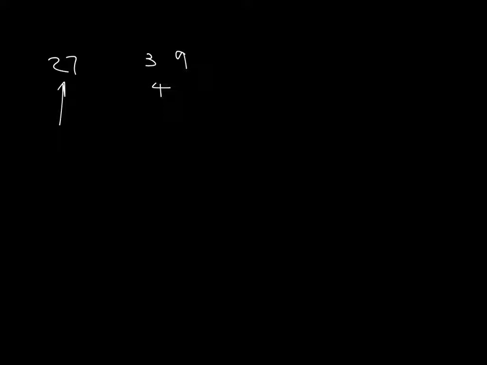And how do you determine if they divide evenly? Let's go back to 4th grade. 3 goes into 27 9 times. 9 times 3 is 27, with 0 left over. We know that 3 goes into 27 because we get 0 as a remainder.